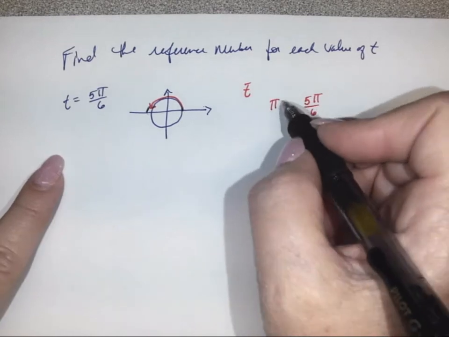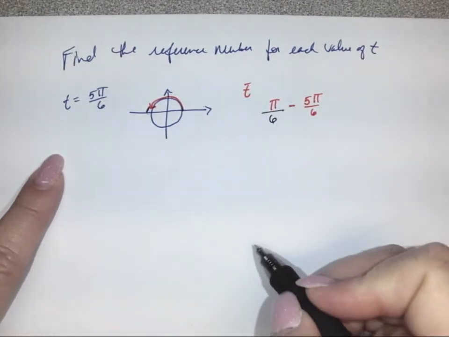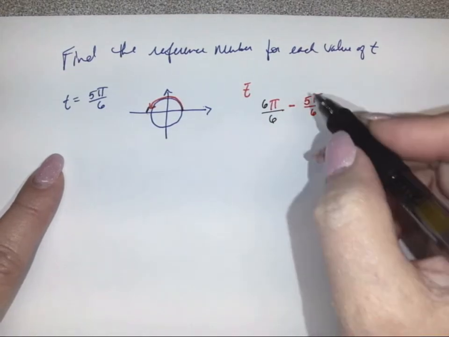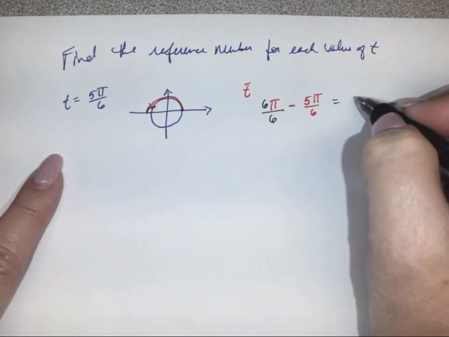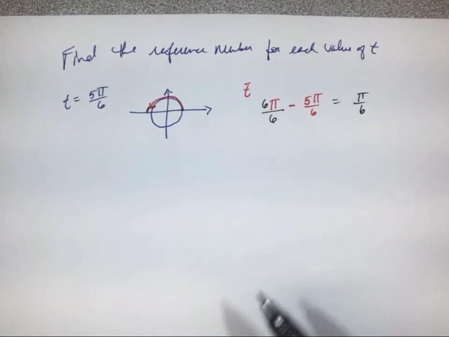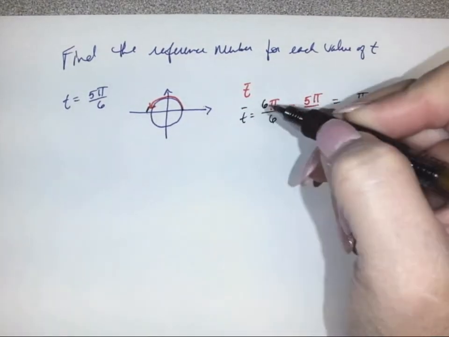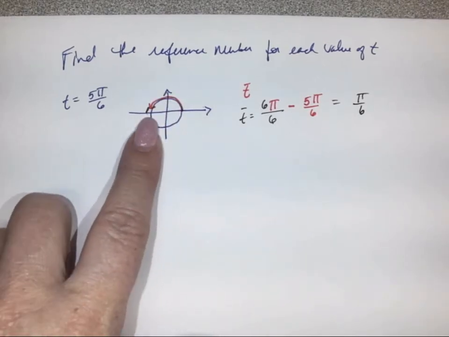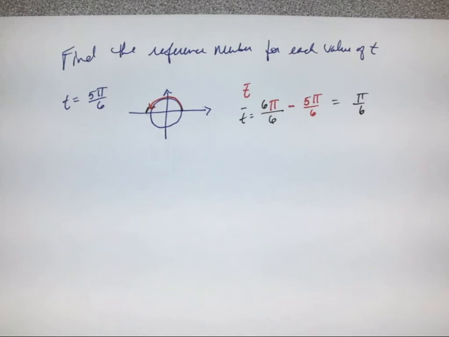Well, if we're looking at needing a common denominator of 6, we can make this 6 pi over 6 minus 5 pi over 6, and that will leave us with 1 pi over 6. So that is our t bar and what it is equal to. So you're just looking at that distance, and if we're at 1 pi, we can just subtract it from it.